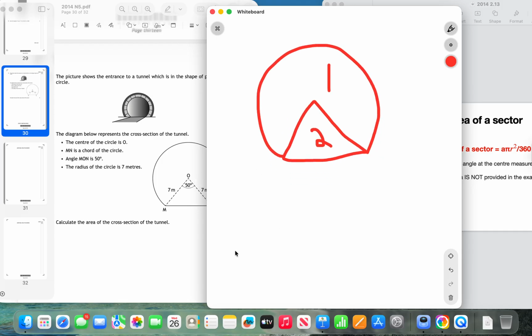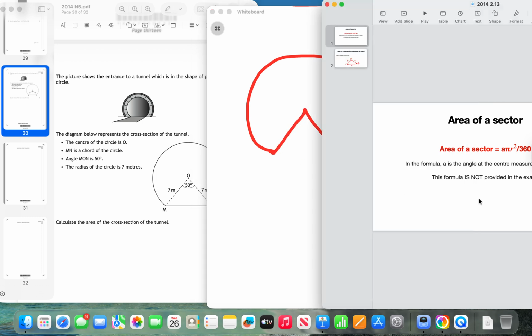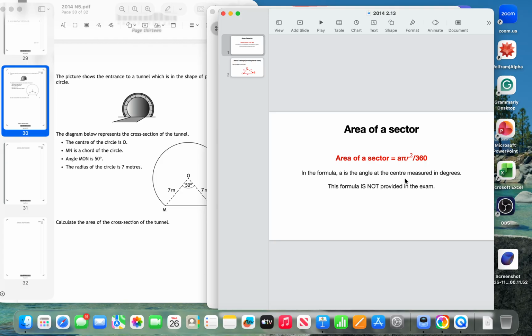And we'll go down here, and this is the sector. I have the formula on this slide for the area of a sector. So that's pi r squared times A divided by 360, and A is the angle at the centre. So in red, that is the formula for the area of a sector.